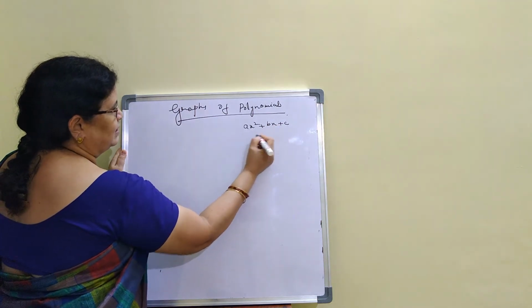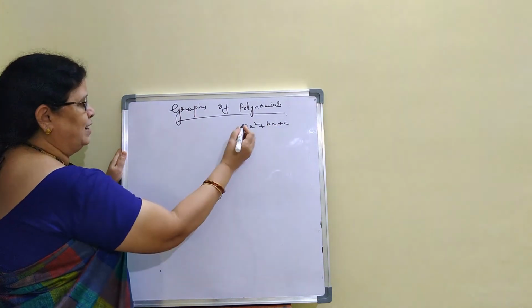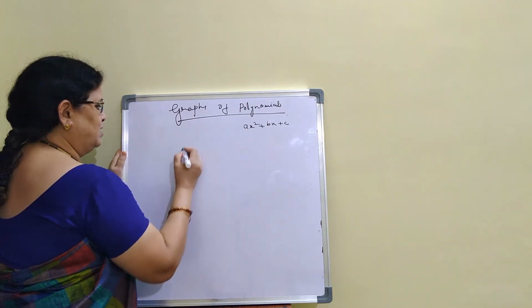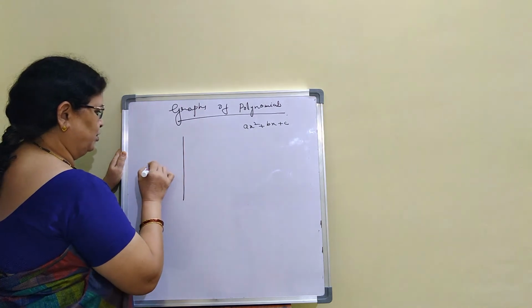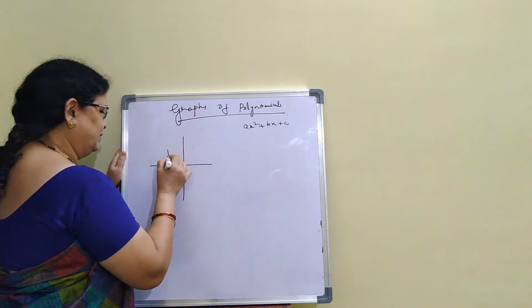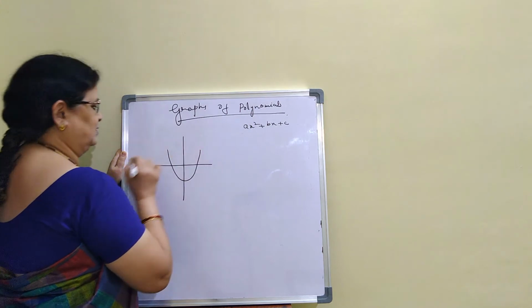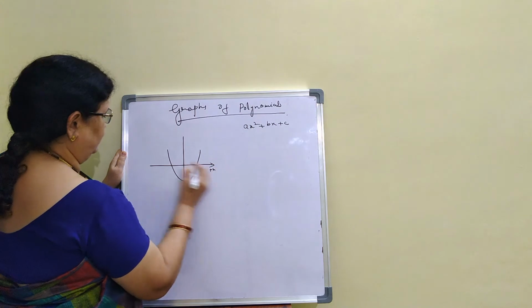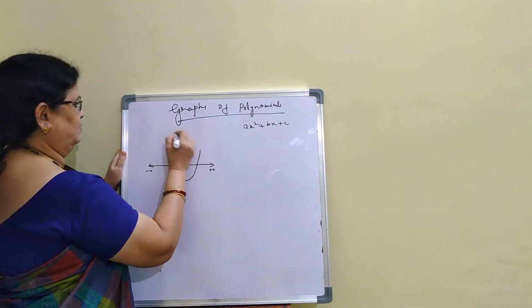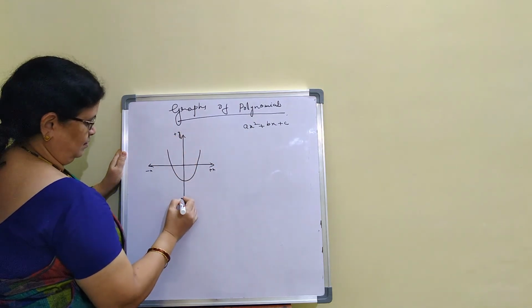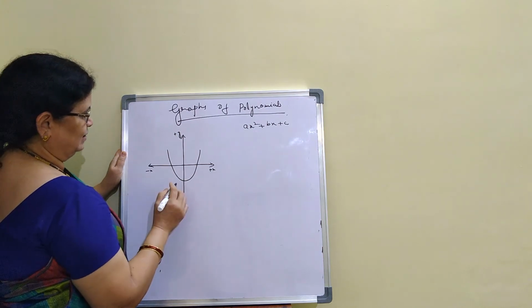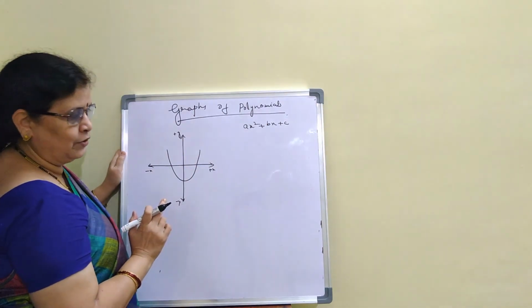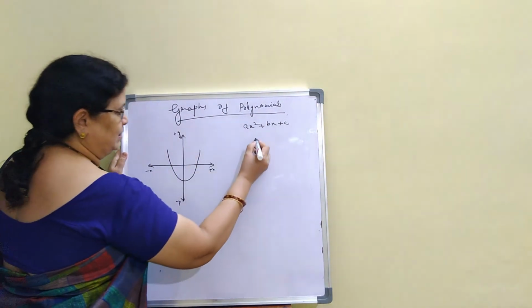If I draw a graph for any quadratic polynomial, I will get a shape like this. Observe here, this shape is called a parabola.